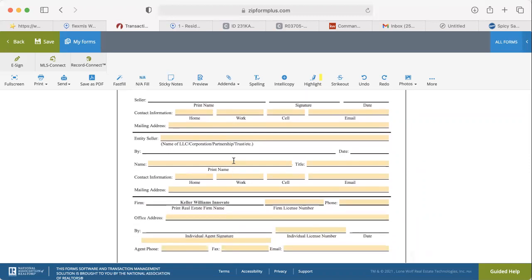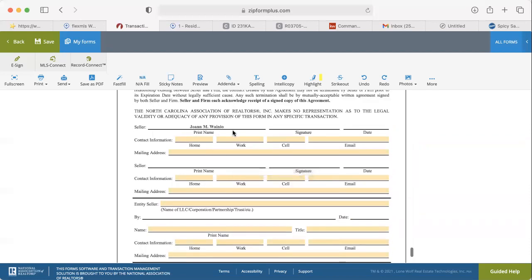If the seller is an entity, so let's say the property is owned by an LLC or a corporation or anything like that, then you would not fill out this place up here. You would fill out here as entity seller, and by would be the person's name that would be signing, and then the date.